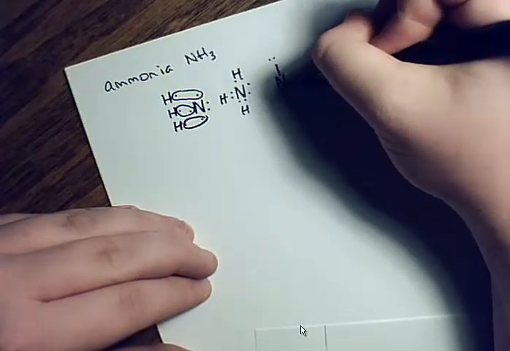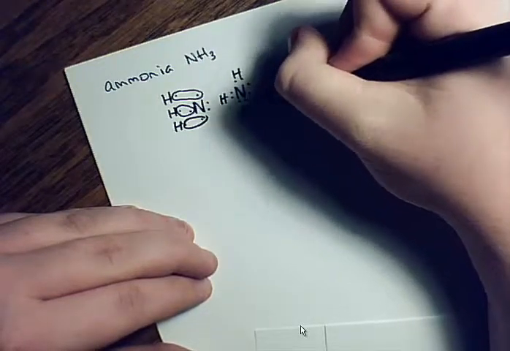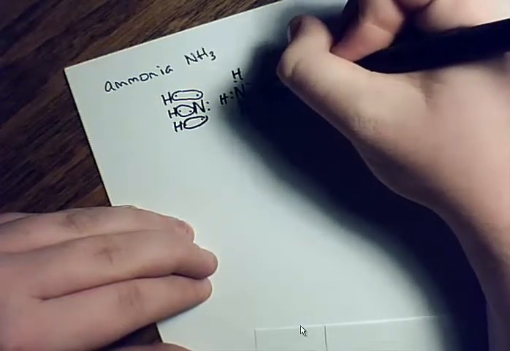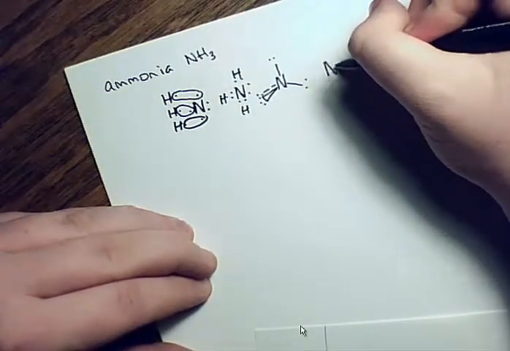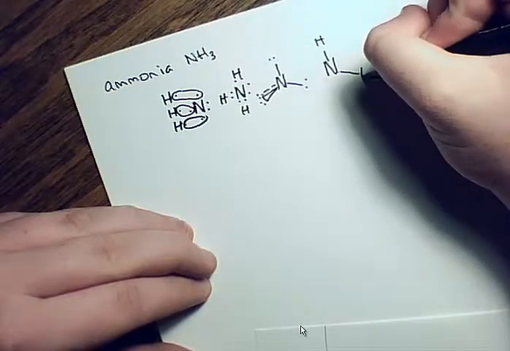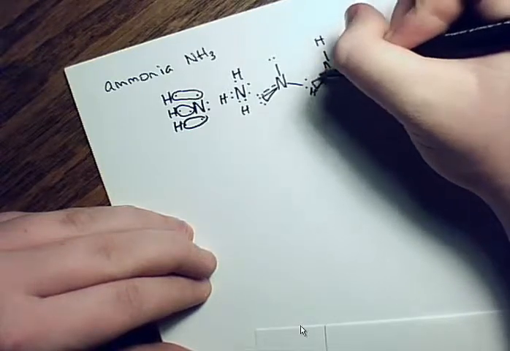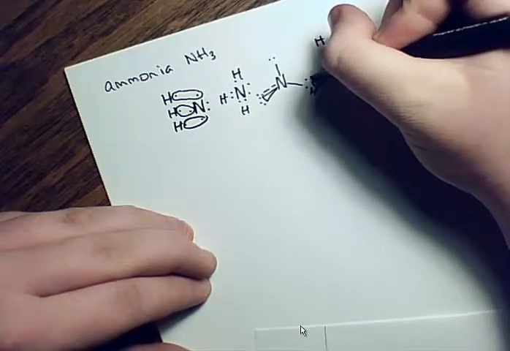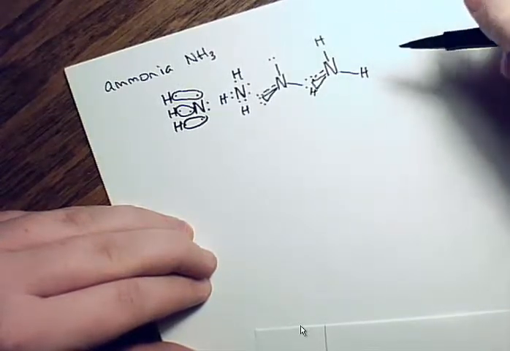So he's got a sharing arrangement and then the Lewis dot formula. And he's working on his shapes here. So how's he looking so far? You think he's good? Okay.